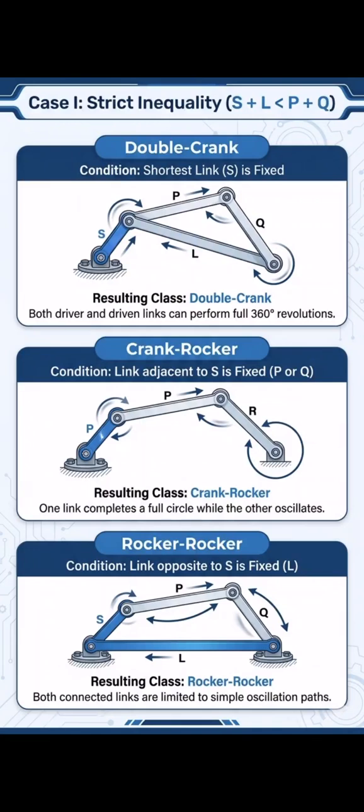Resulting class: crank-rocker, one link completes a full circle while the other oscillates. Double rocker: condition, link opposite to S is fixed. Resulting class: rocker, both connected links are limited to simple oscillation paths.